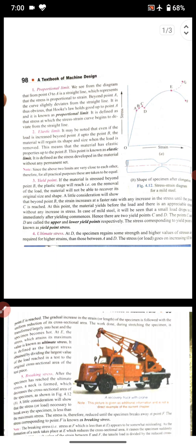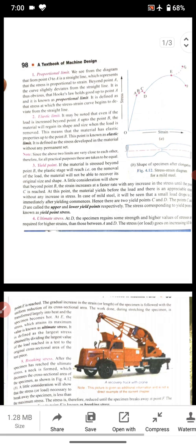If the material is stressed beyond point B, means elastic limit, the plastic stage will reach, that is on the removal of load the material will not be able to recover its original size and shape.